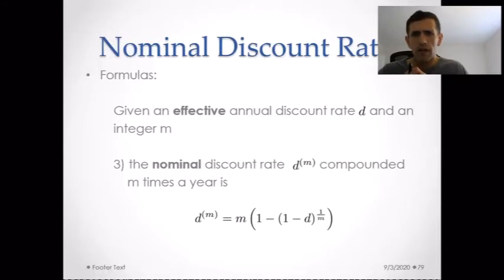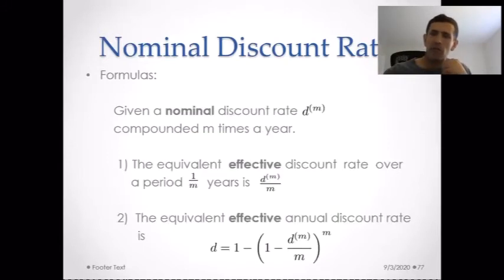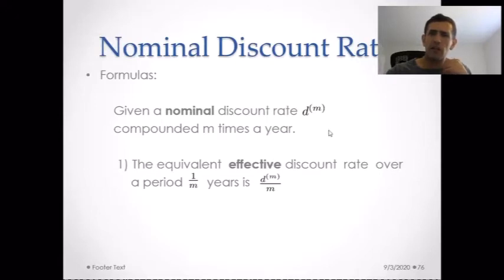Just like with interest, whenever I say effective, I mean the actual discount rate. Whenever I say nominal, I mean exactly what is here. By definition, nominal discount rate d superscript m means the effective discount rate for a period of 1 over m years is d superscript m over m. I should mention that the calculator will do all these calculations from nominal to effective interest, and I'll explain in future videos how to do that.